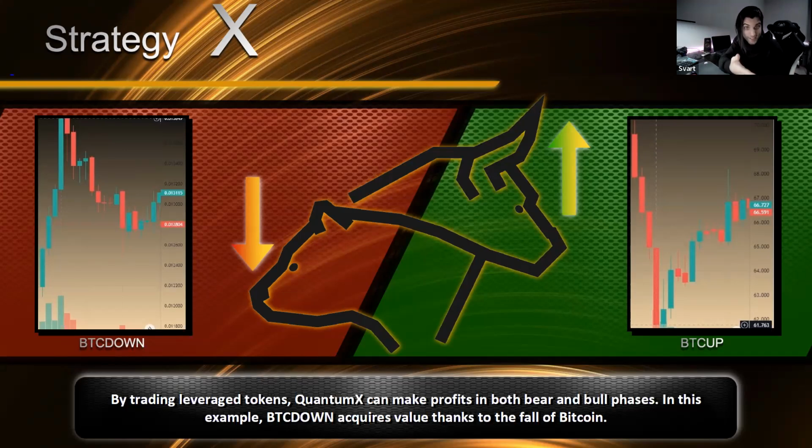So I buy a certain amount of coin. Of course, the traders can buy $50, $100, $150, depending on the analysis and on our funds. And like in normal spot trading, they will sell the coins in profit when the market goes in the right direction. But the important thing, the core of Quantum X, is that they can do the same thing in a bear market and in the bull market.